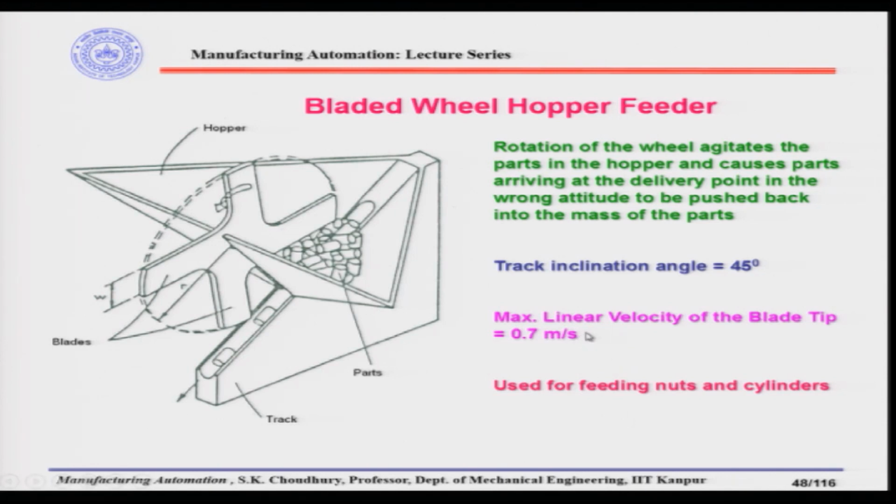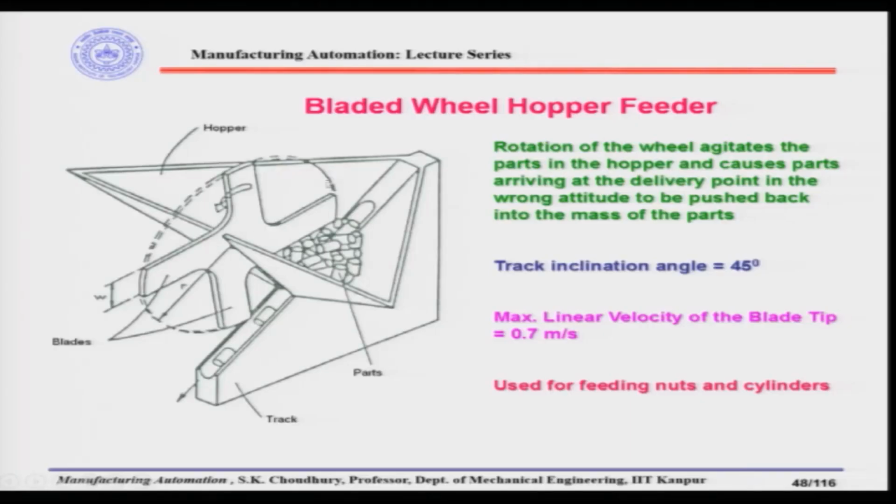Because as you understand, it is not doing anything other than agitating the parts, and if there is no blade, for example, then the parts are amassed there and will not be able to slide down the track one by one. So, in this the blade while rotating is actually helping. This is a simple design, but it is effective, and it will help the parts to come one by one.